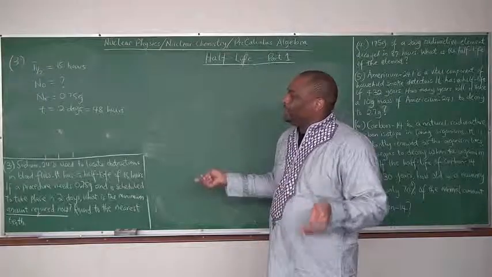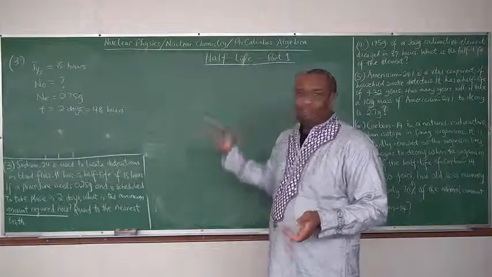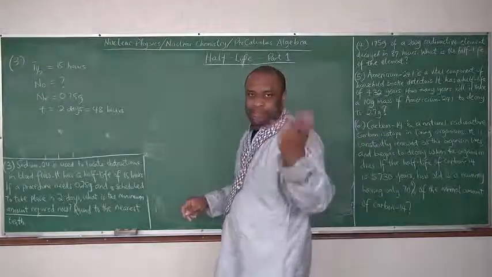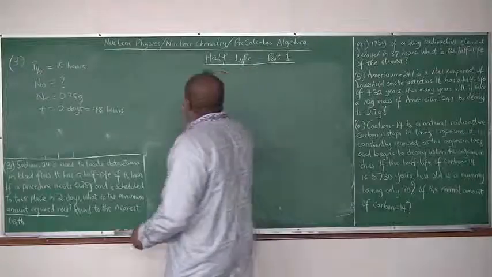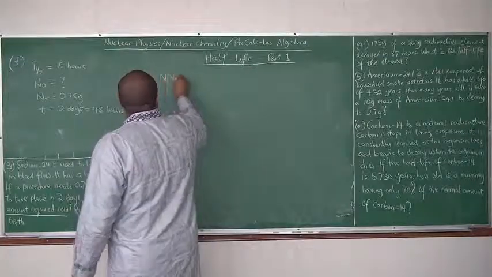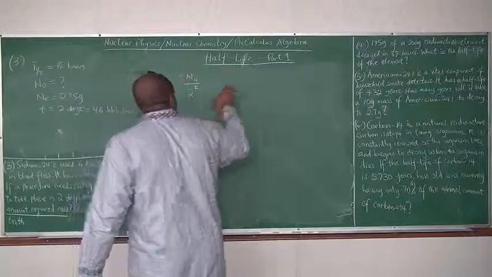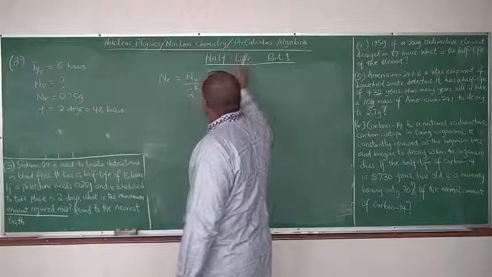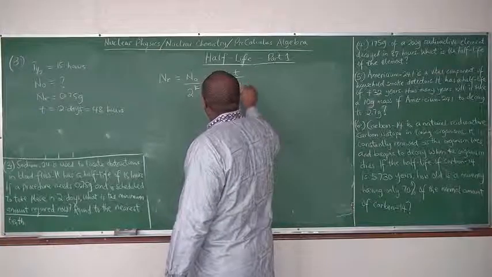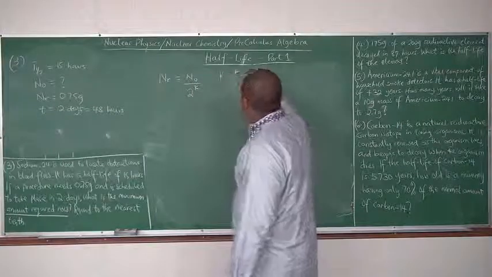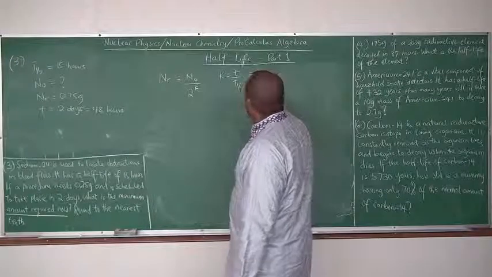Now, they want us to find the original amount. Let's use the first formula, the one I like. N subscript R is N subscript O over 2 exponent K. What is our K? K is T over T half, which is 48 over 15.